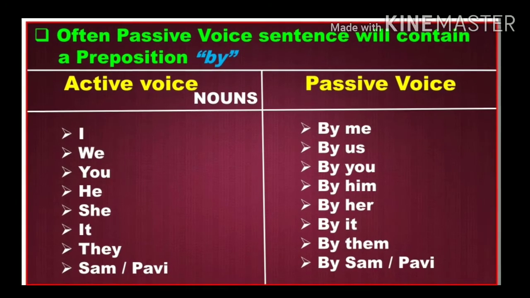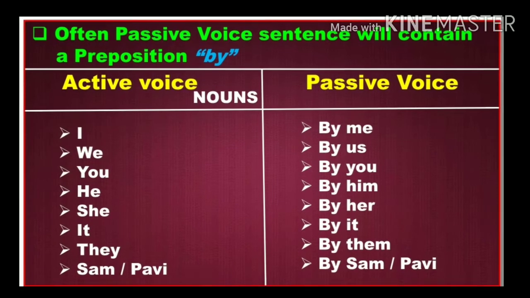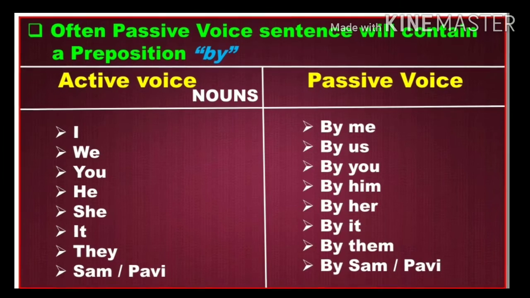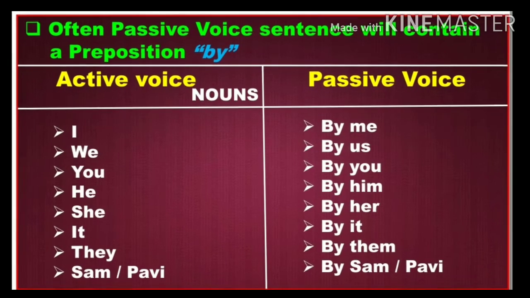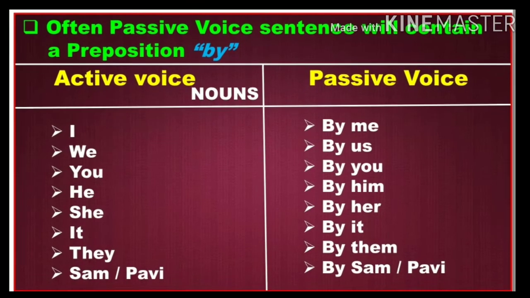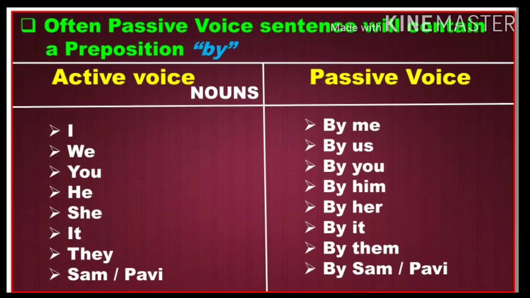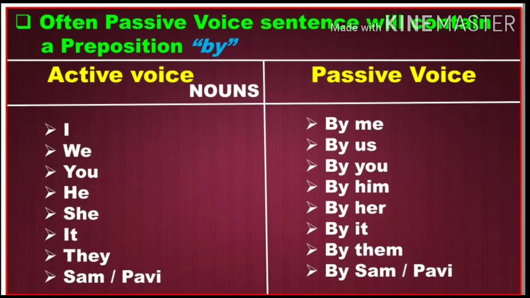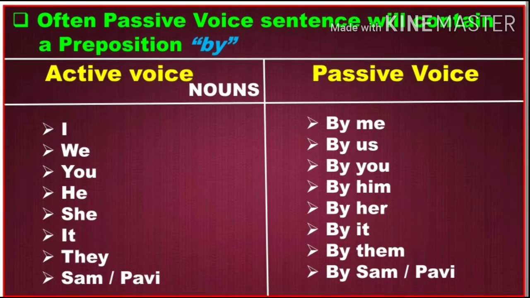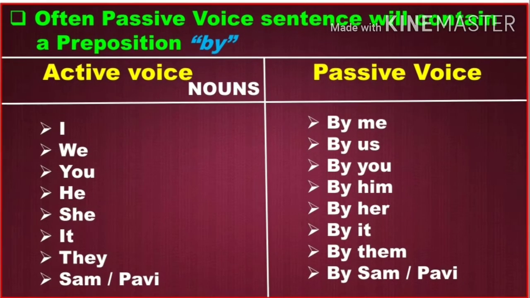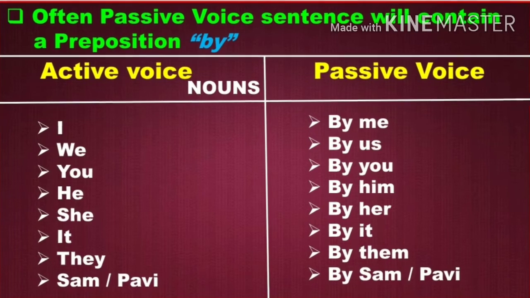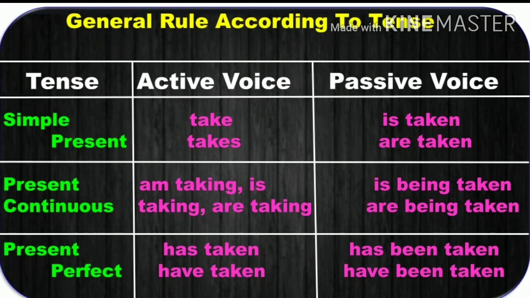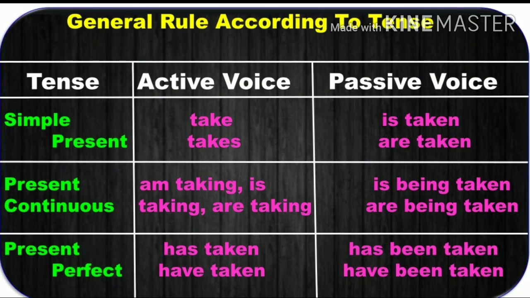You will change as by you. He will change as by him. She will change as by her. It will change as by it. They will change as by them. Sam or Pavi will come as by Sam or by Pavi. Got it?